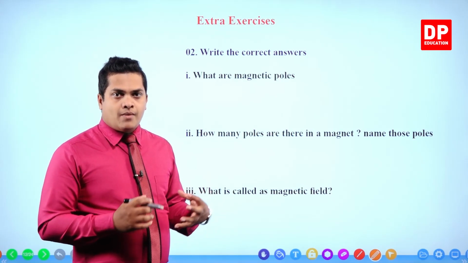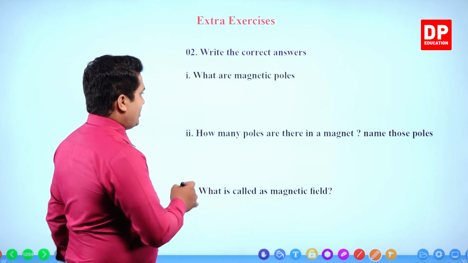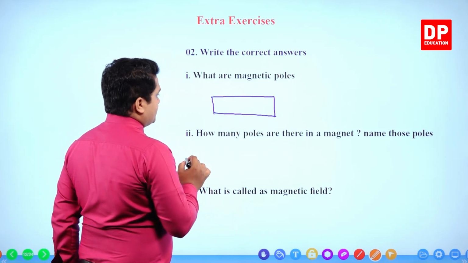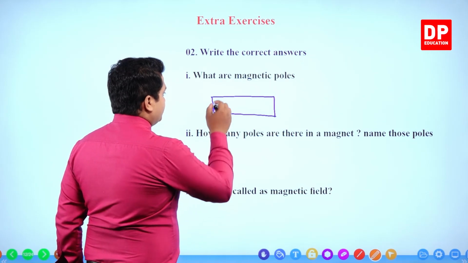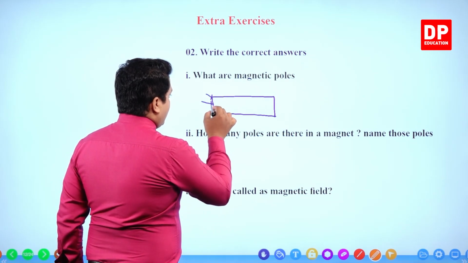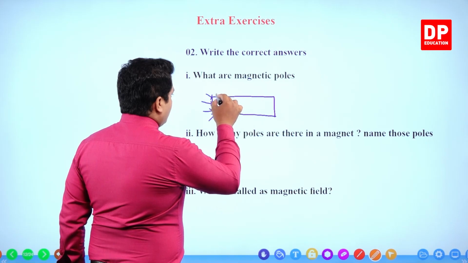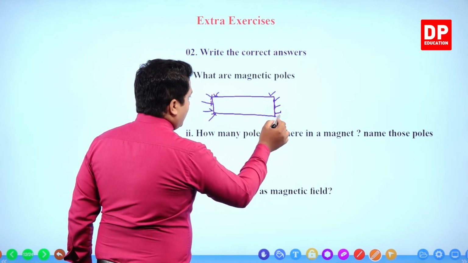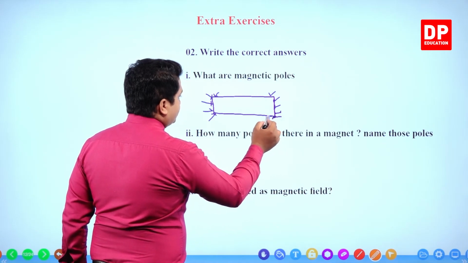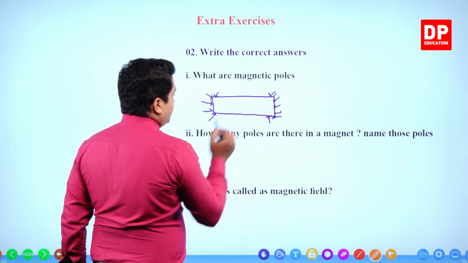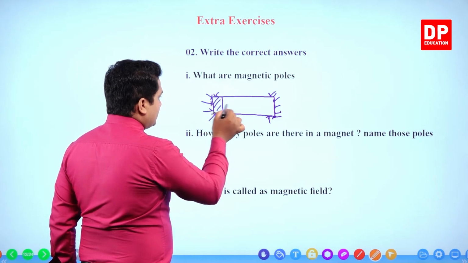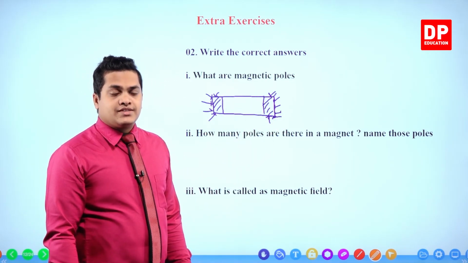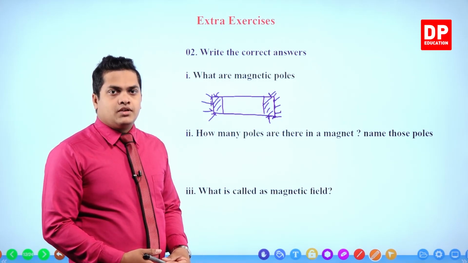So you know that in a bar magnet, if you attract several paper clips or some iron nails, these will attract like this. More iron nails will be attracted at the two ends like this, right? So these areas are the ones which are referred to as the magnetic poles.